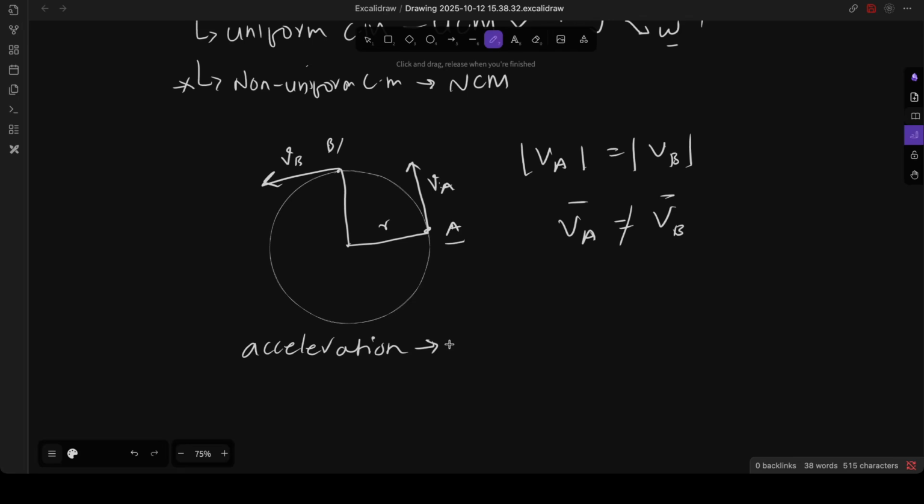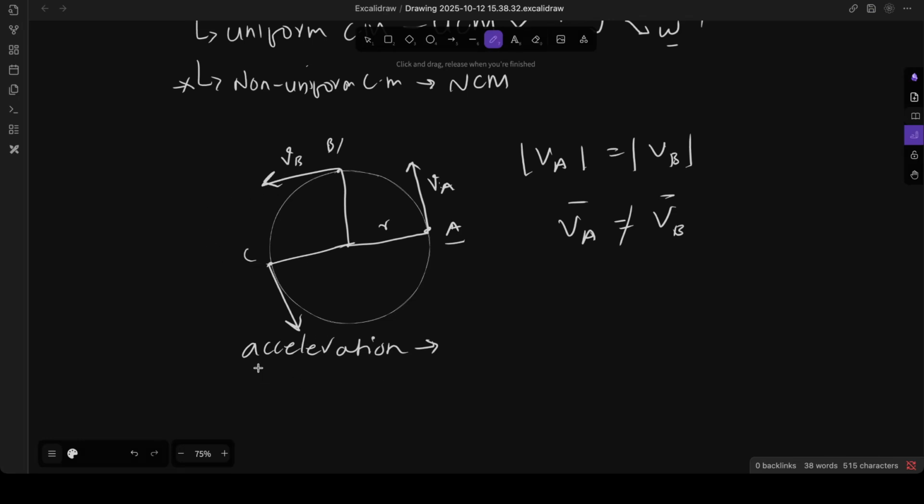If you look here, the direction of velocity, let me add one more point, C. If you look, the direction is always being changed toward the center. From this point it is changing toward the center, and from this point as well.